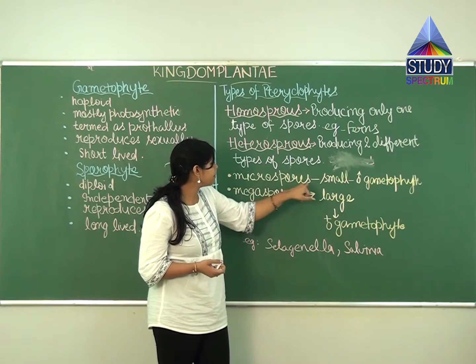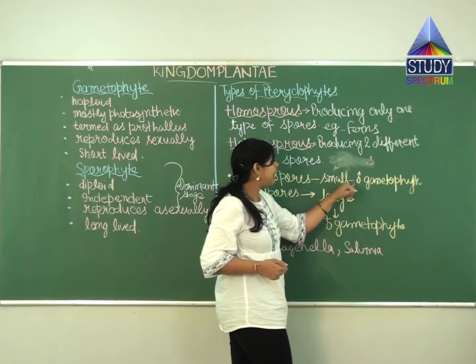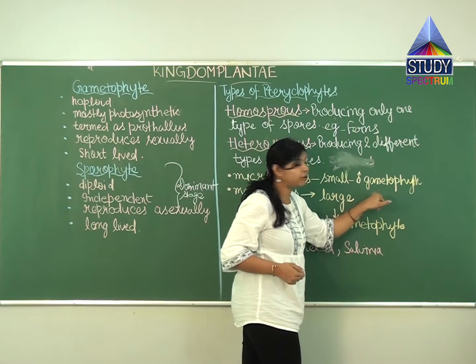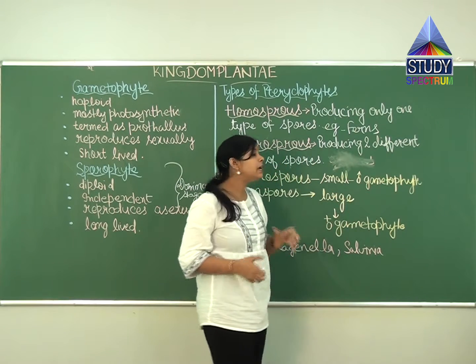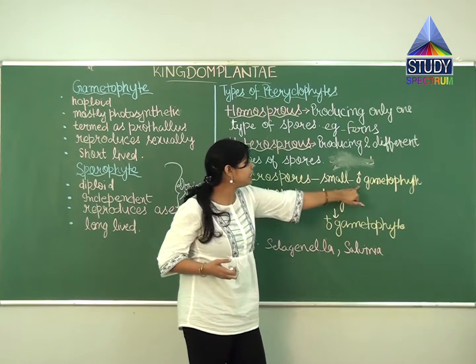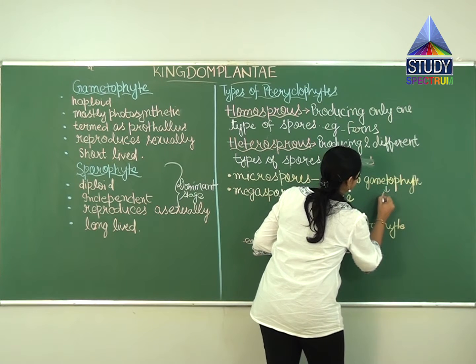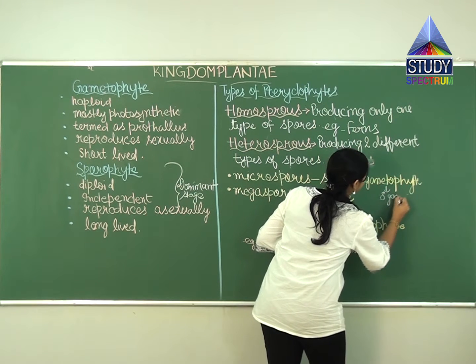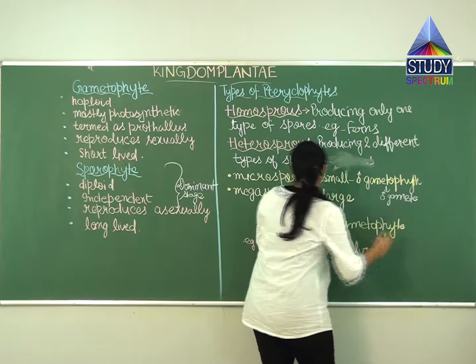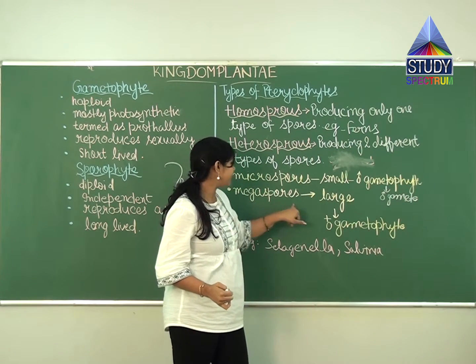So what are the microspores? Micro means they will be small and they will give rise to the male gametophyte. As earlier we have discussed, the male gametophyte will be smaller in size. So the male gametophyte will release the male gamete, right? Now again they also release the megaspores.